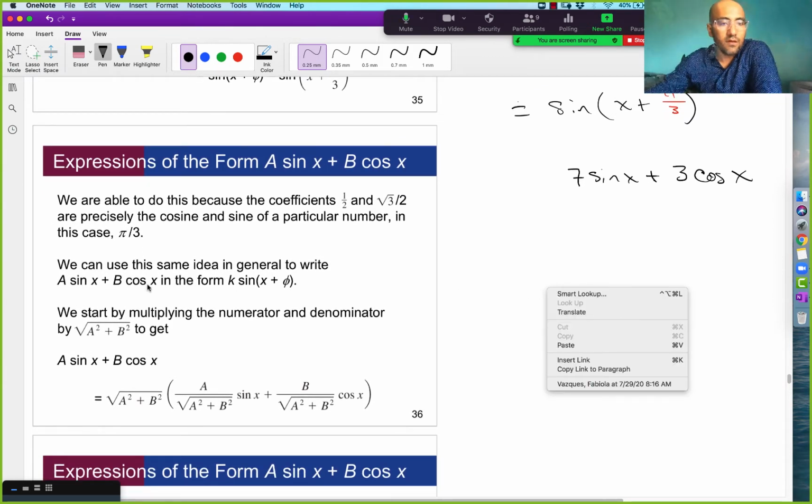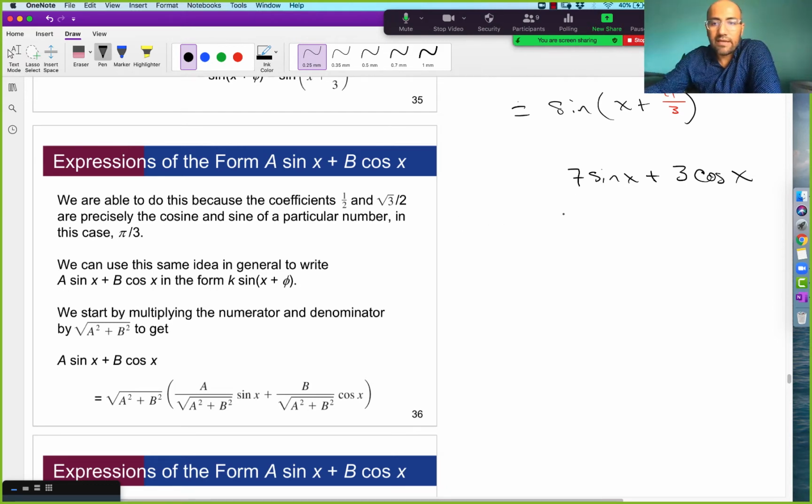So in general, let's say that they give you some value a sine x plus b cosine x, kind of like here. Here's your b, here's your a. Some constant times sine of x plus some constant times cosine of x. Good.